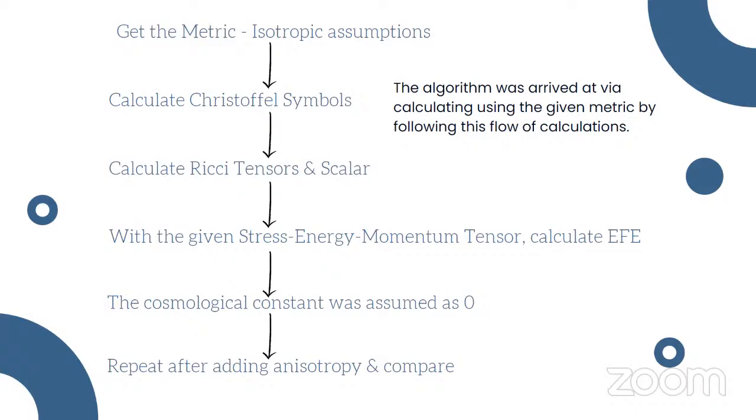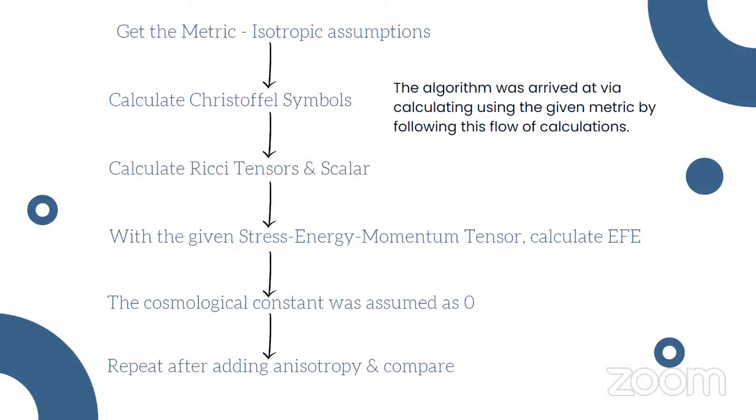Since the star is spherically symmetric and static, the cosmological constant lambda was assumed as 0. As Debadyuti mentioned, the cosmological constant was there as a correction for an evolving universe, for the expansion of the universe that we talk about.